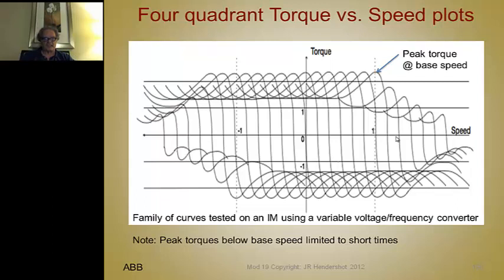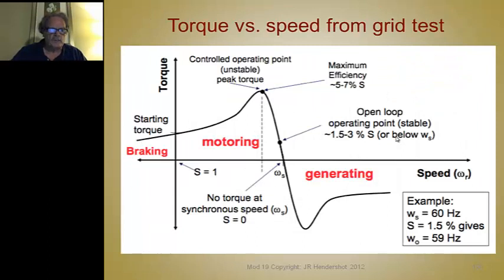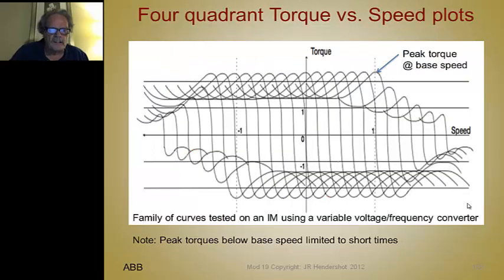So that shows you what the capability of a motor is with an inverter driving compared to what its capability is from a curve like this operating off the grid at fixed voltage and frequency. But by putting an inverter on it, you can operate over this huge speed range and have very high starting torques just by controlling the magnetizing flux as a function of frequency, and that's done by controlling voltage.